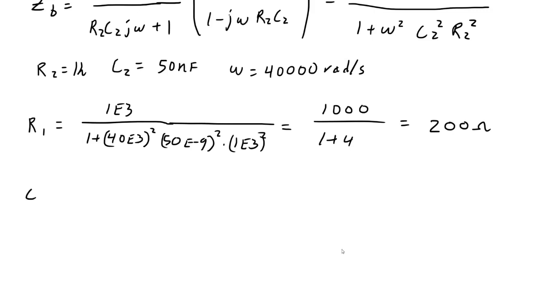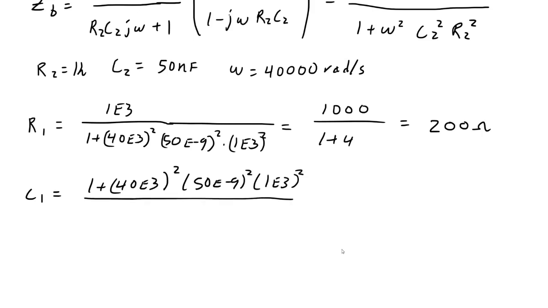And C1 is going to be 1 plus 40,000 squared times 50 nanofarad squared times 1,000 squared, divided by 40,000 squared times 50 nanofarad squared times 1,000 squared.